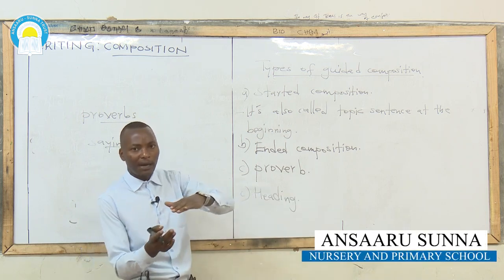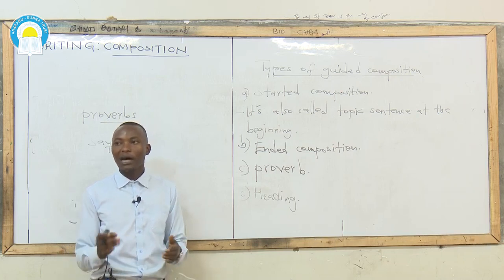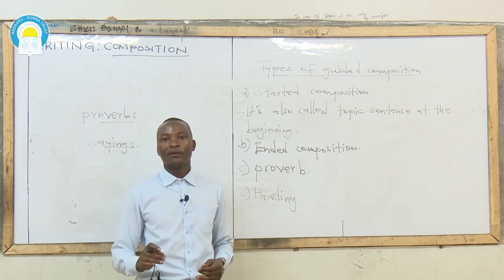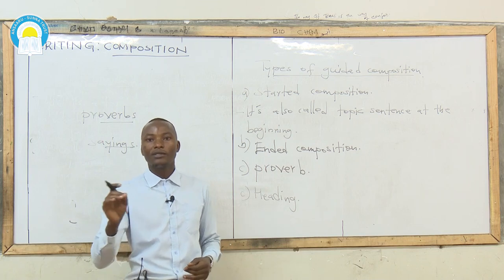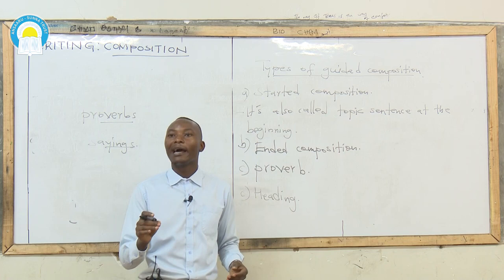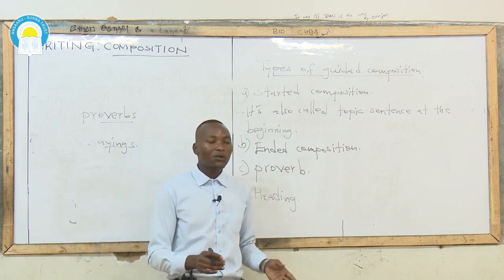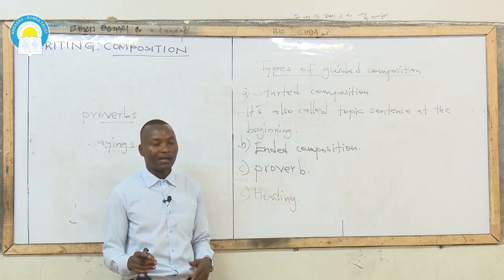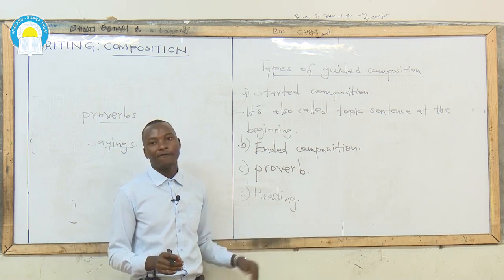So when you come to class 5 or grade 5, a learner can be told to write a composition about the following heading: a journey to Nairobi, or a school trip. Or the learner can be told to write about fire, fire in the school, or fire near our house. So those are headings that have been given for the learner to write about. And I say that this one is mostly in class 4 and 5.